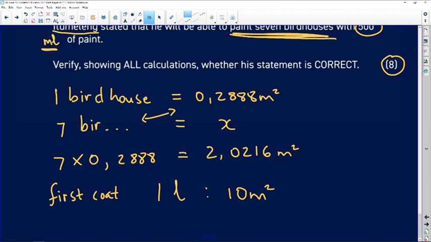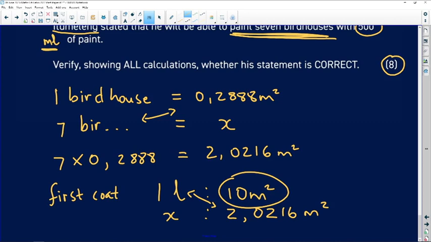So if I'm painting 2,0216 meters squared, how many liters of paint am I going to need for that? That's cross multiplication and divide.